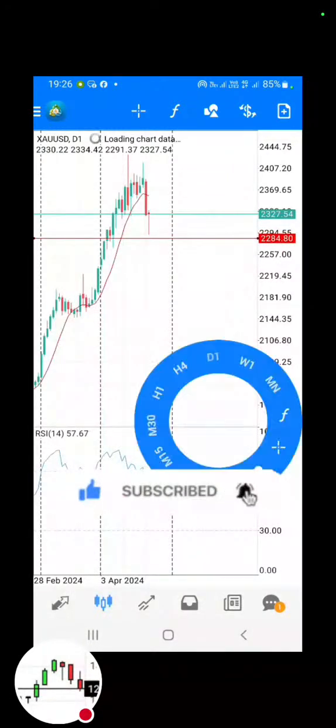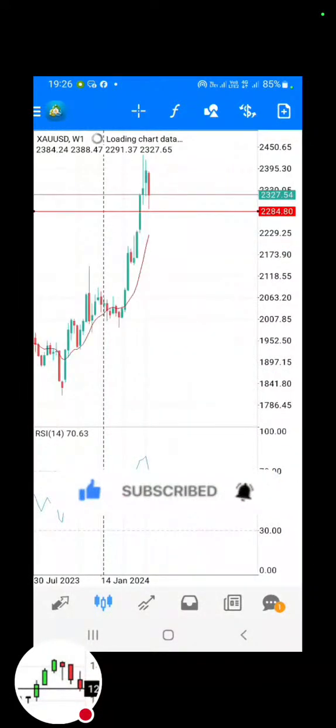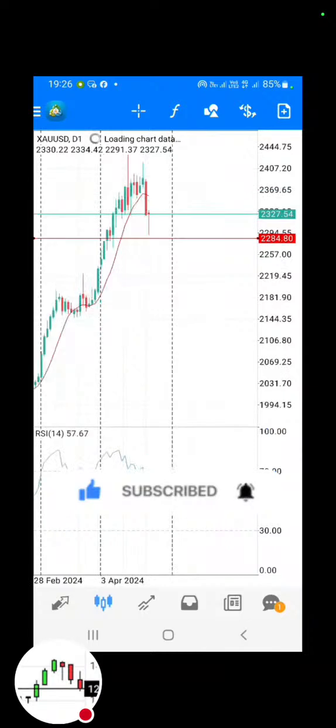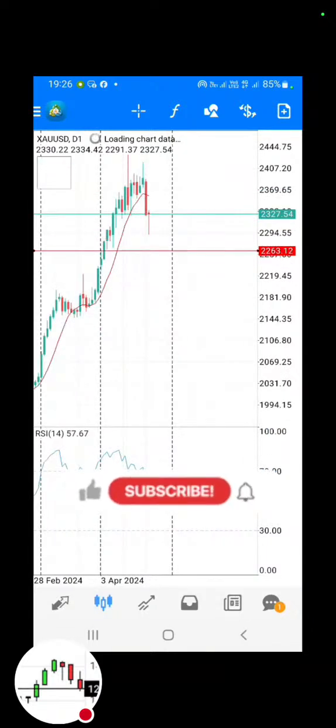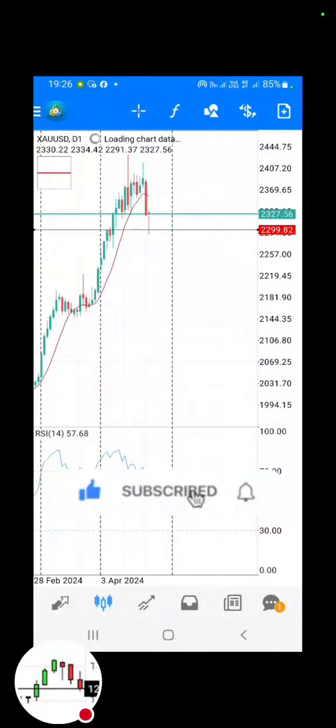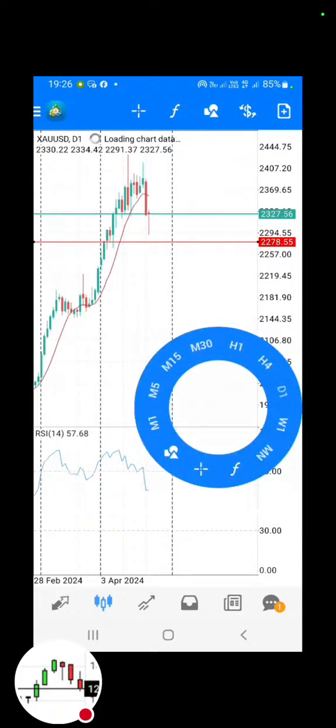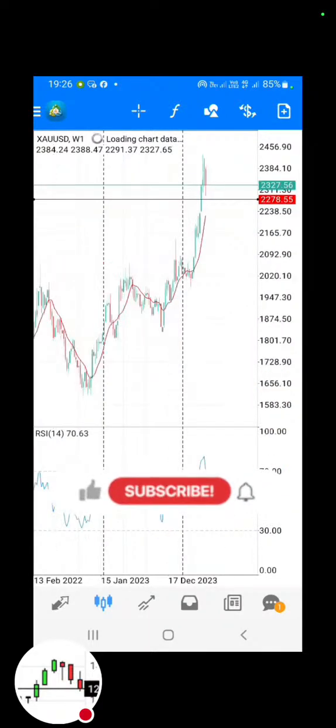Somewhere around here could be a very good opportunity to place your trade. It was already a very good trade, because you can see how this candlestick has been formed. If the market comes back down, somewhere around here is going to be a very interesting level, because this is an important level.